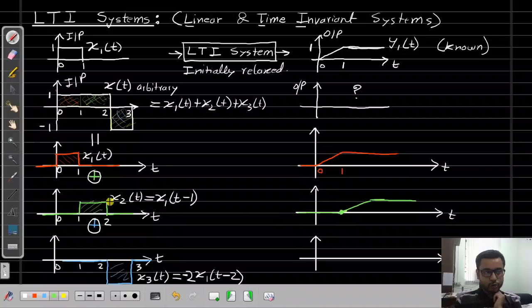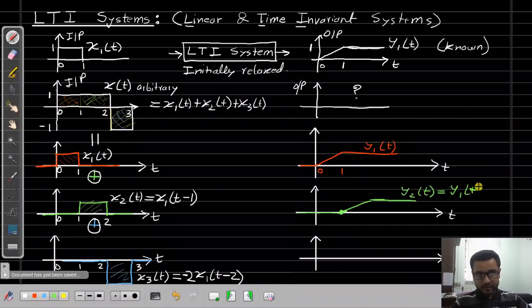This is the output corresponding to x2(t). Call it y2(t). If I call this y1(t), then this is the same as y1(t minus 1), and this is true by virtue of time invariance.